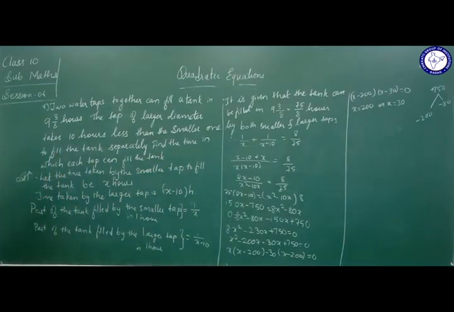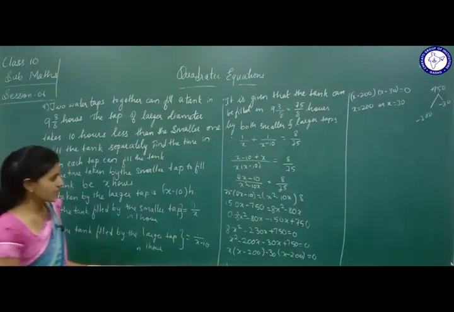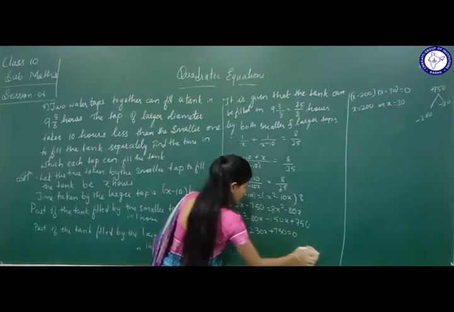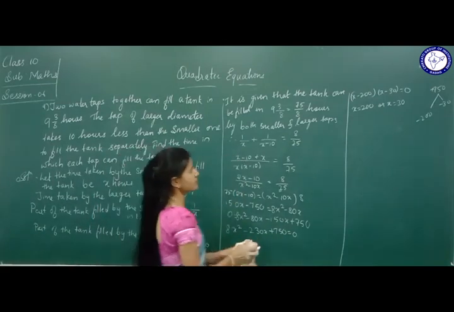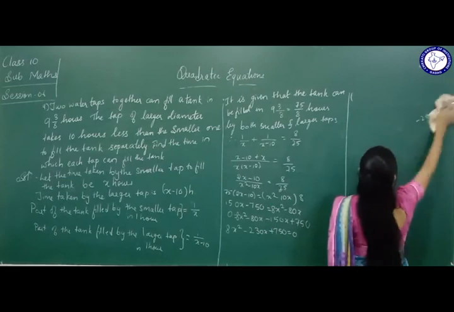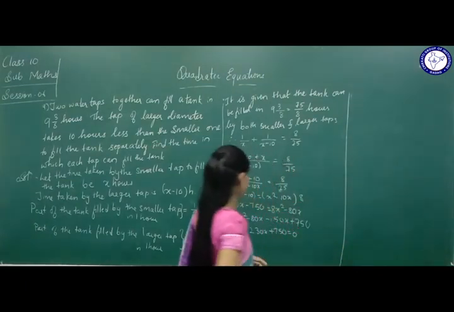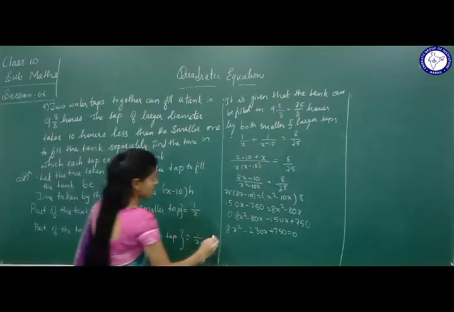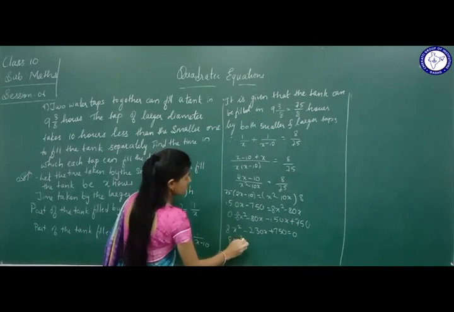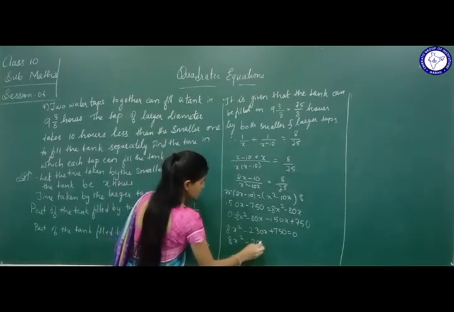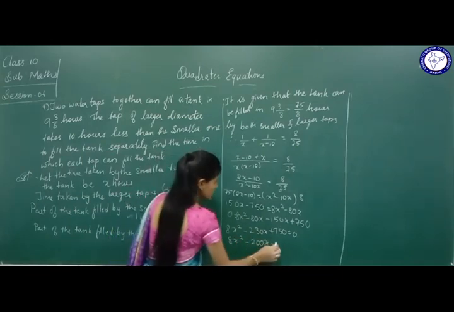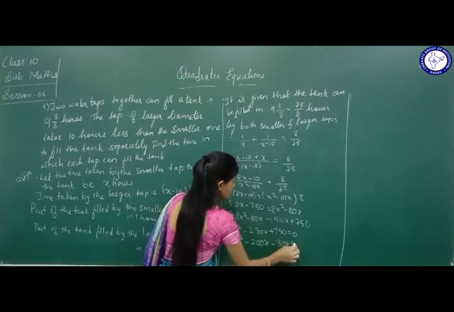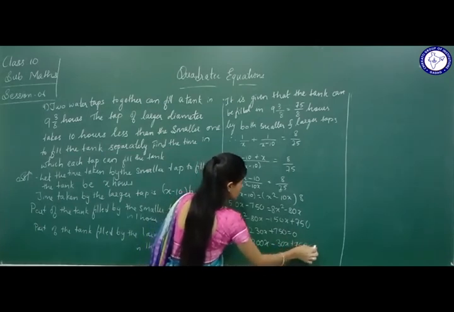It means we are supposed to find 750 into 8. The factors will be 8x square minus 200x minus 30x plus 750 is equal to 0.